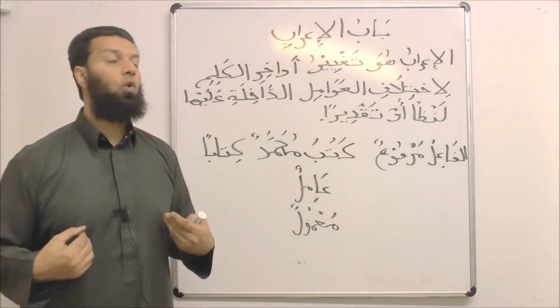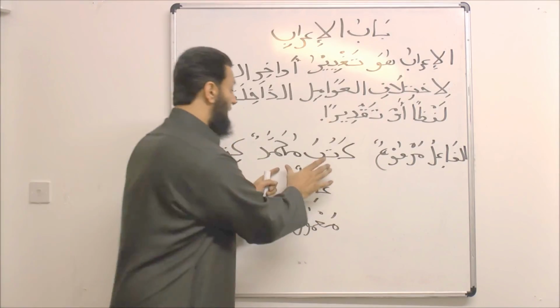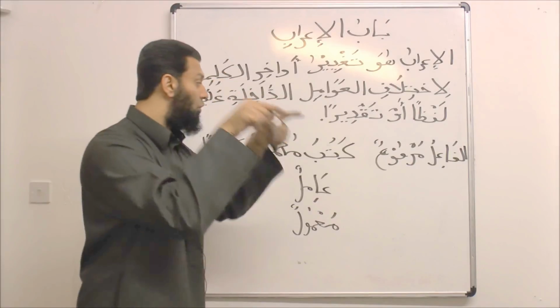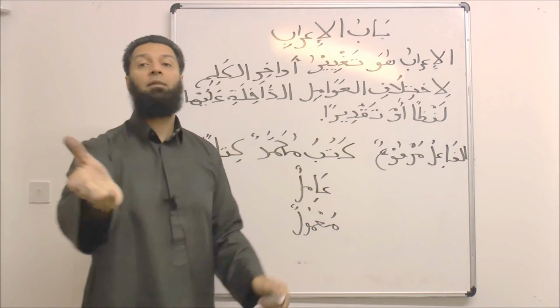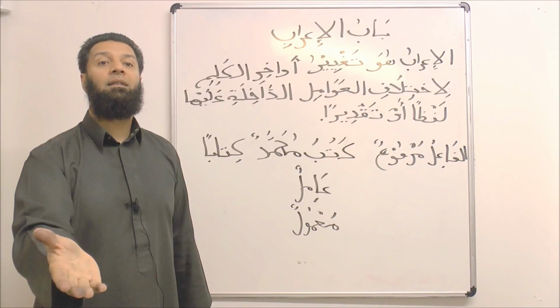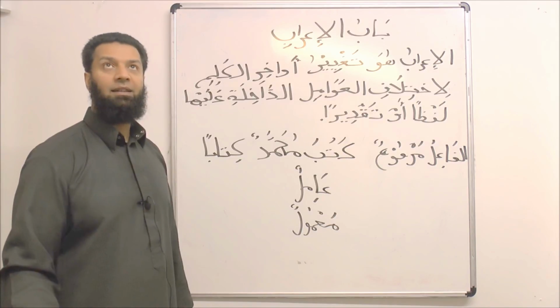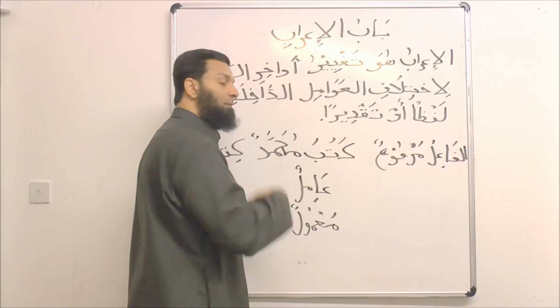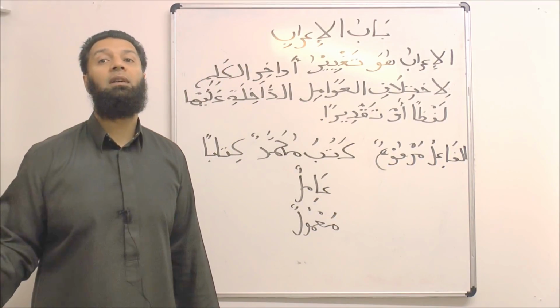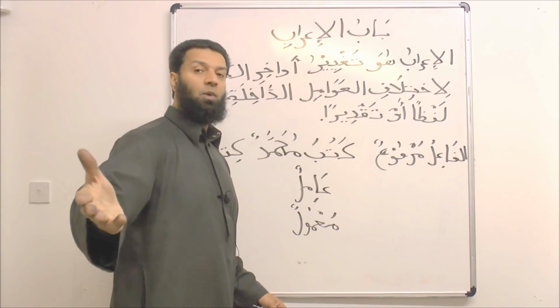So the amilun here, what is the amilun? What is causing Muhammadun to be marfu'un? His job, the things he did. Yeah, but what is the amilun? What's causing Muhammadun to be marfu'un? Kataba. Right?